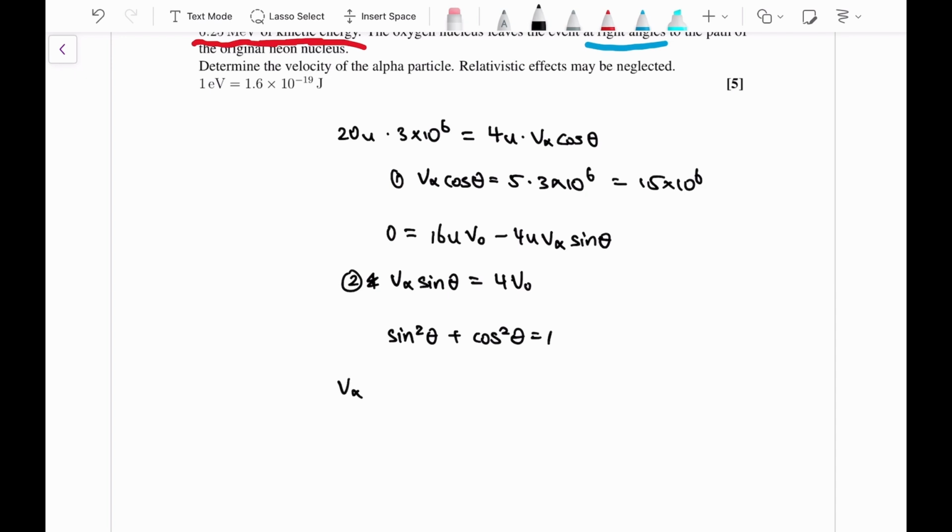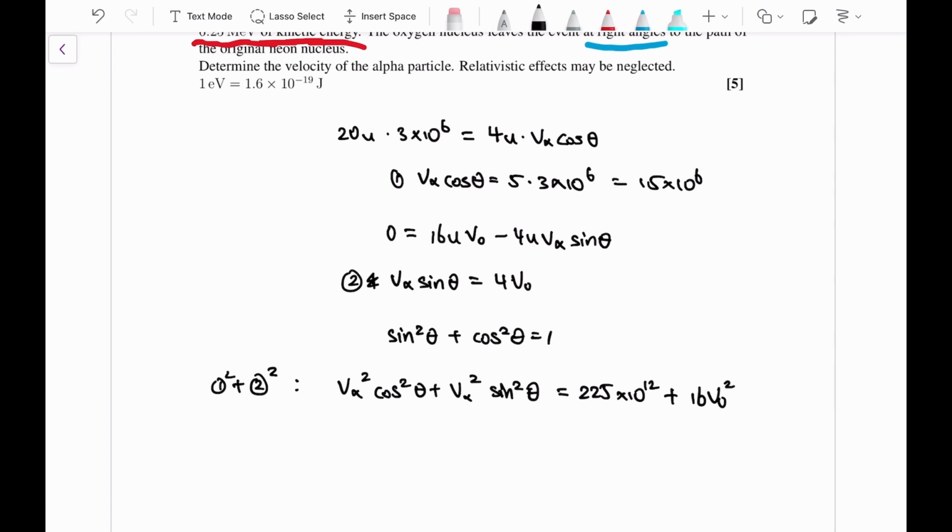Okay, so firstly, for equation 1 it will be V alpha squared times cosine squared theta, plus, this is equation 1 plus equation 2 squared, V alpha squared sine squared theta, is equal to, let's see, 15 squared is 225 times 10 to the power of 12, plus 16 VO squared.